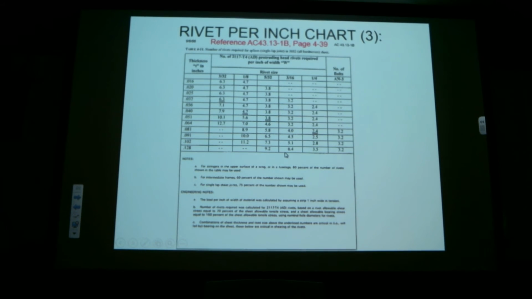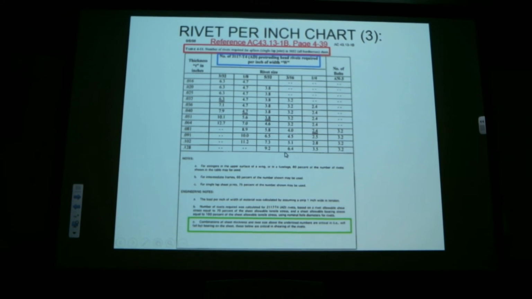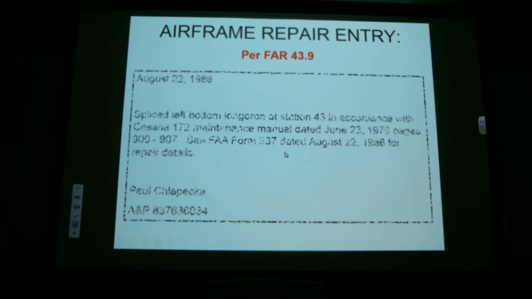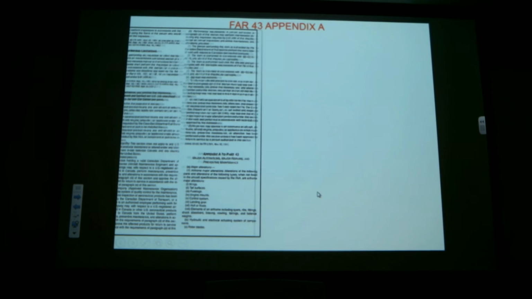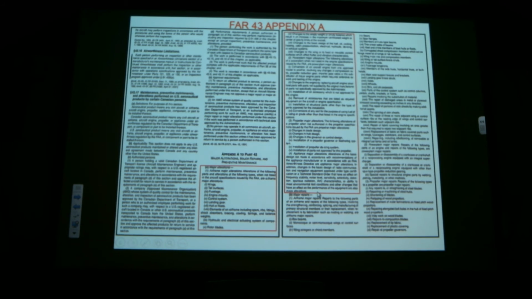If you elect not to use the formula, you can use tables that are in 43.13 to figure out rivets per inch. But I prefer to use this for stringer type repairs. There's a 337. Examples of major repairs and major alterations, Appendix A in Part 43.